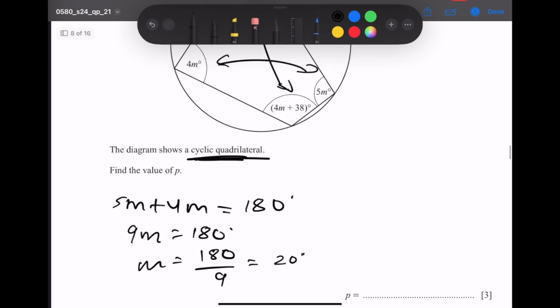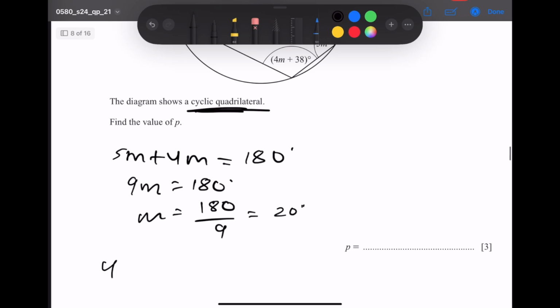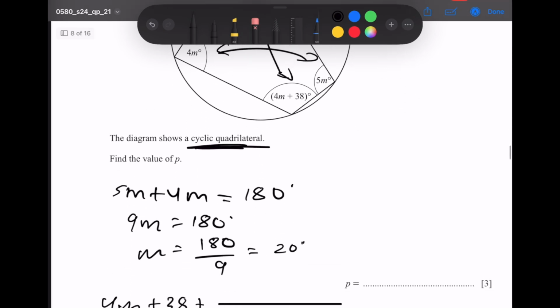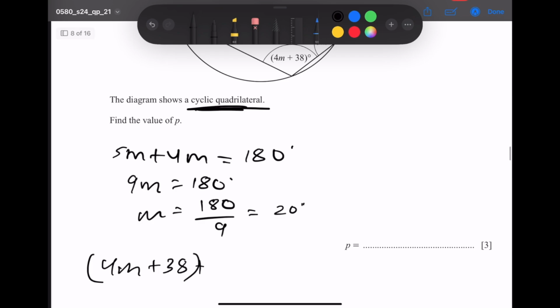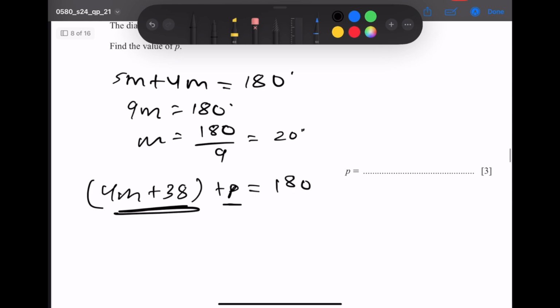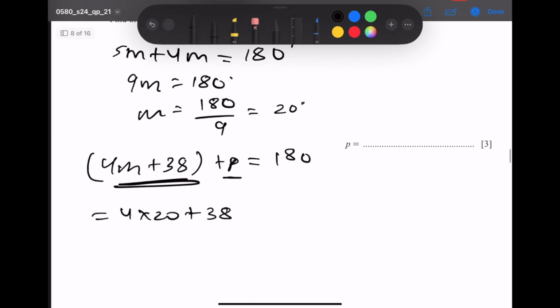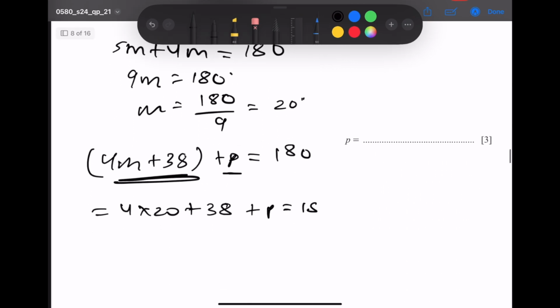Now we can use the value of m to see that 4m plus 38 plus p is equal to 180 degrees, since this angle and this angle are also opposite angles. This means that 4 times 20 plus 38 plus p is equal to 180 degrees.